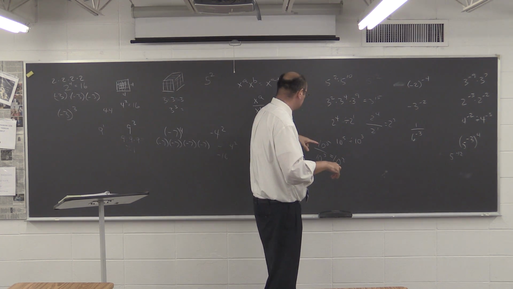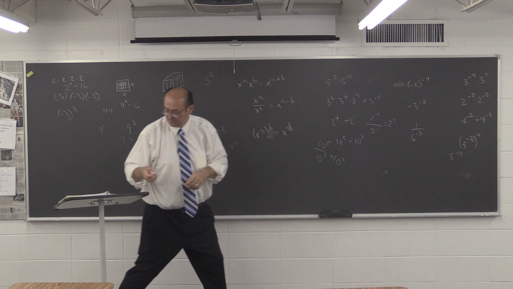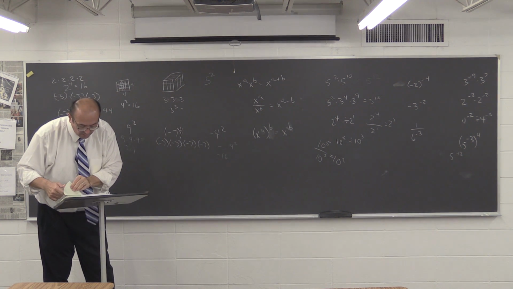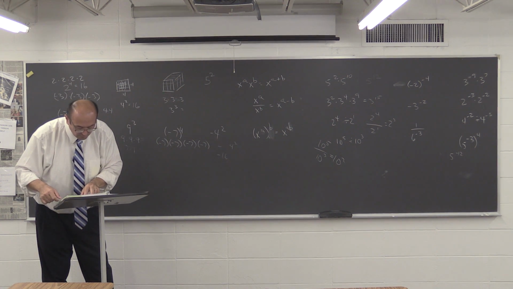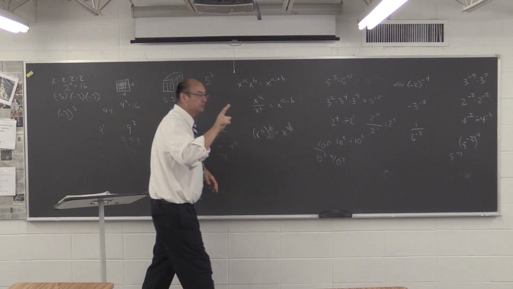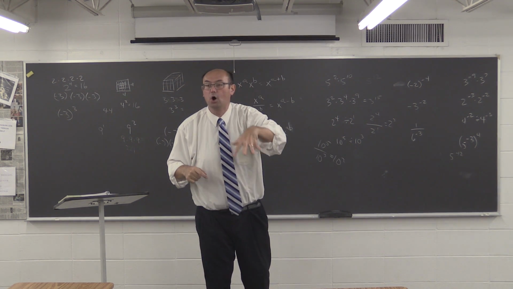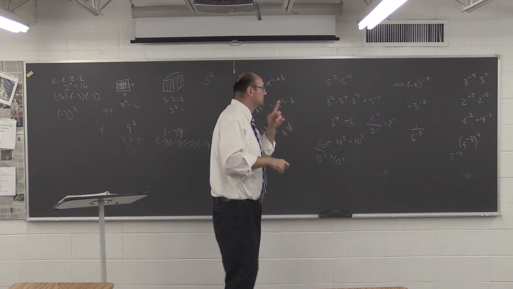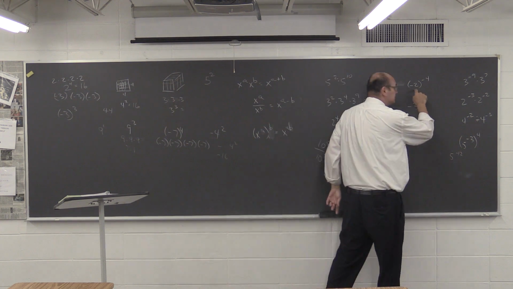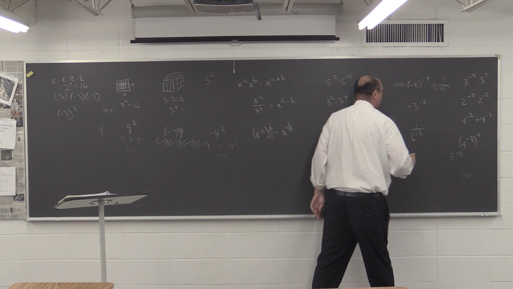Our book, negative 2 to the negative 4th, all right? Now, here's what we gotta do. We gotta understand that when we have a negative exponent, I want you to remember two words, 1 over. So you need to remember that. This is the same as 1 over negative 2 to the 4th, okay?